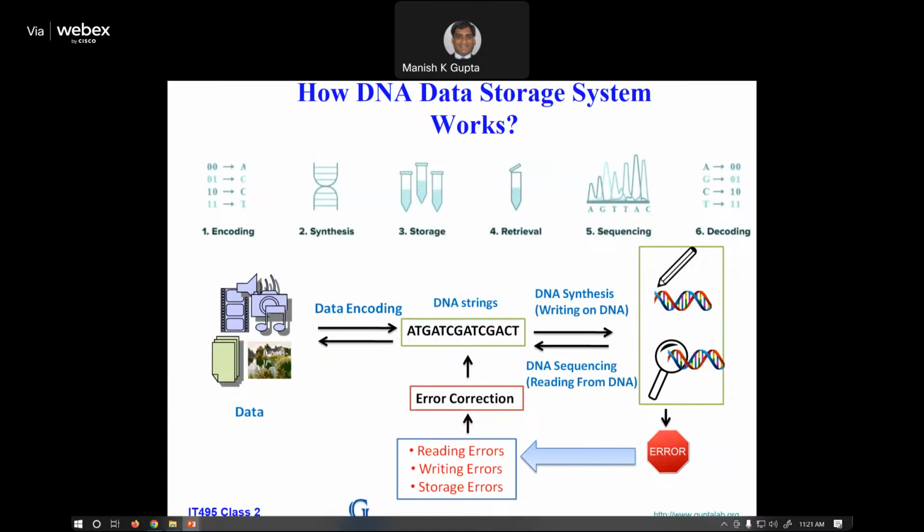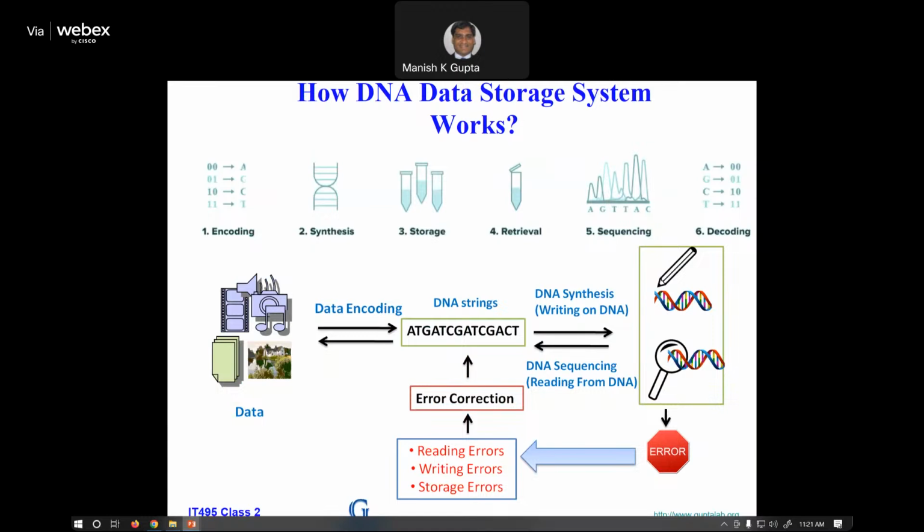We need a mechanism of converting byte strings to ACGT such that AA, CC, GG, TT is not repeated.